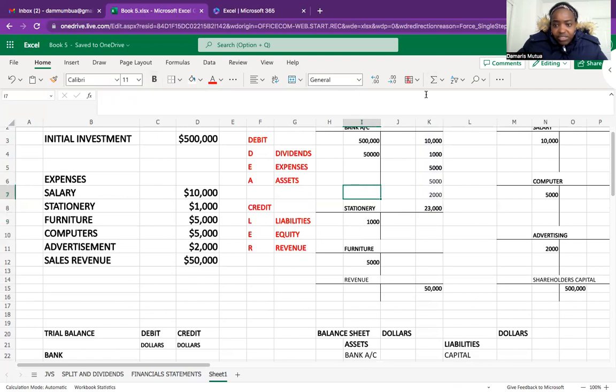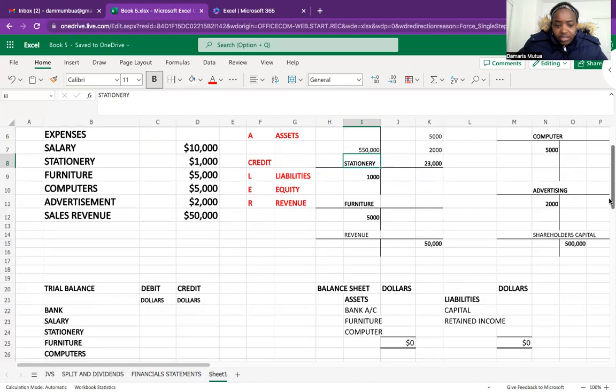I don't have space there, that's why I'm getting them up there. So it's 550,000 and 23,000. My bank balance will be 550,000 minus 23,000. So in my bank account, I have $527,000.